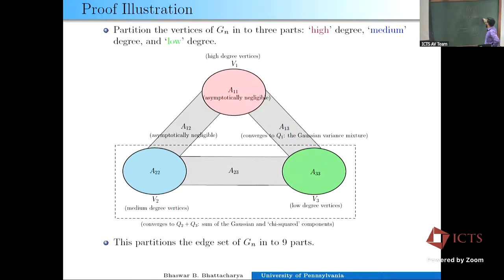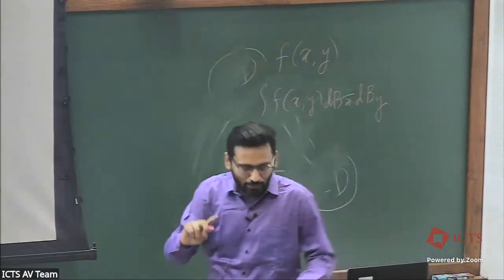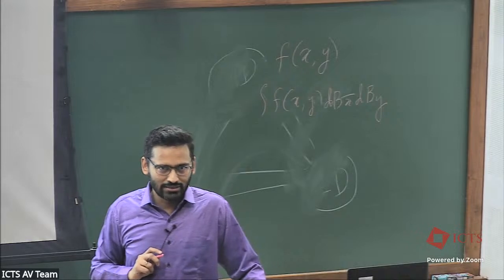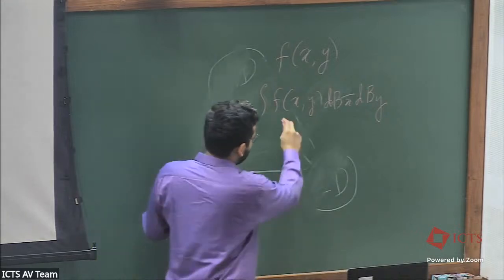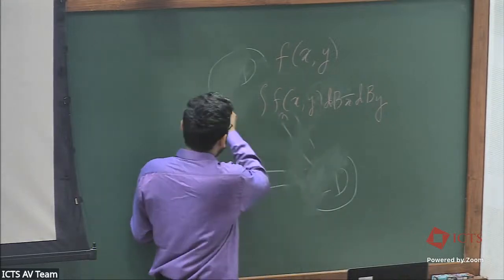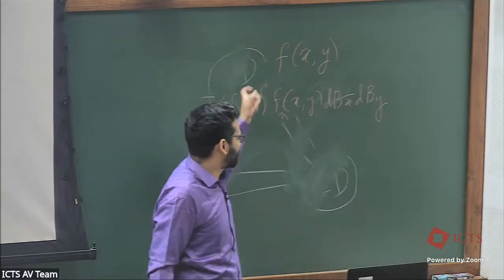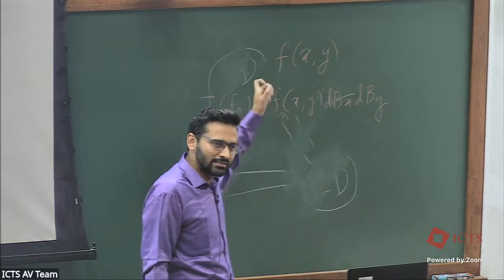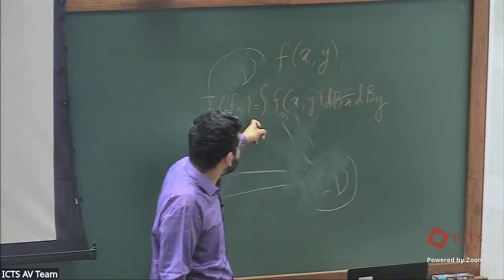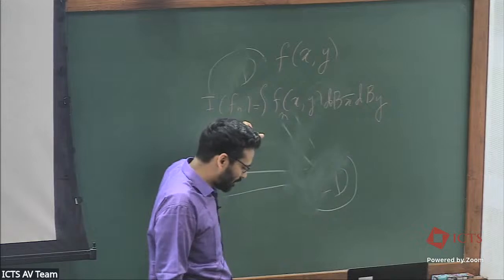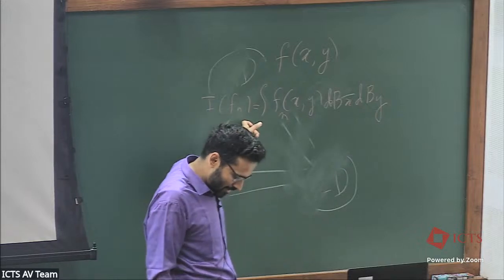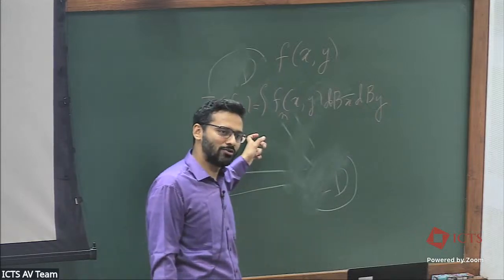This is basically what I'm talking about, these quadratic chaoses. If you have a sequence of functions fn, and you call that I of fn, you want to understand when this has a Gaussian distribution. And it's the study of these stochastic integrals that led Giovanni Peccati and David Nualart to come up with the fourth moment condition.